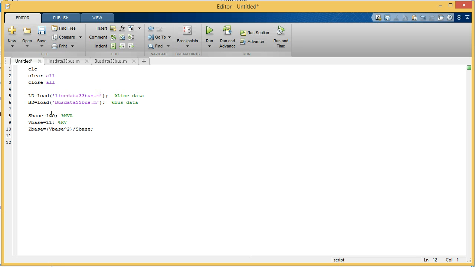The data shown for the lines and for the bus data over here were not per unit. So now we are going to first transform the line data. Only the fourth and the fifth columns were the impedance data, so we are going to write it like this.